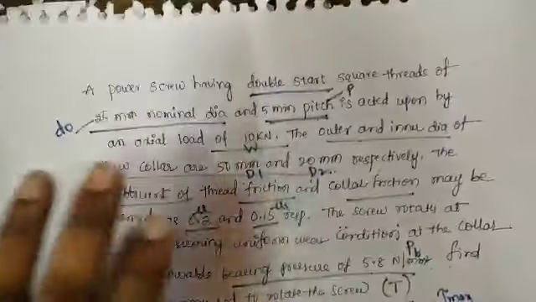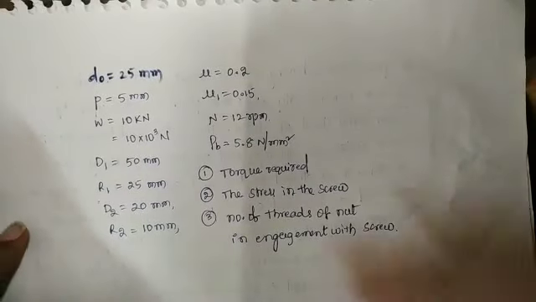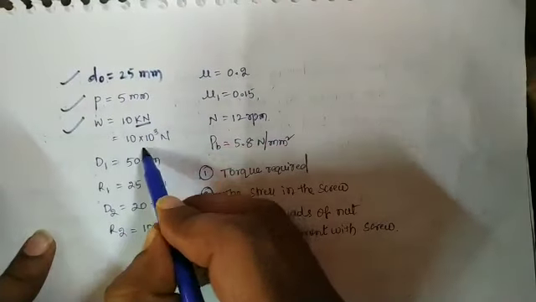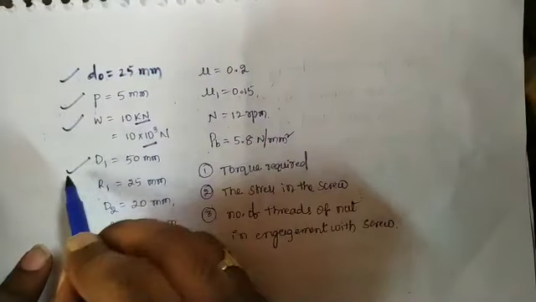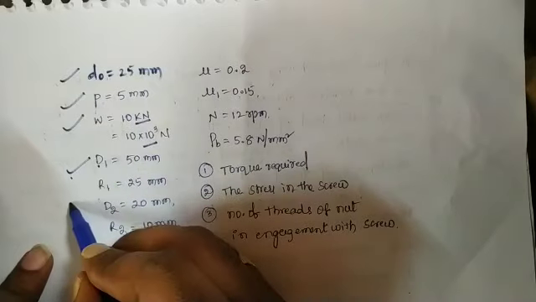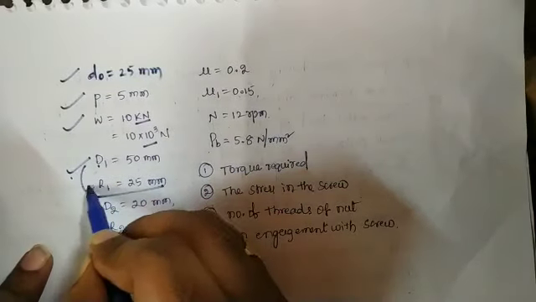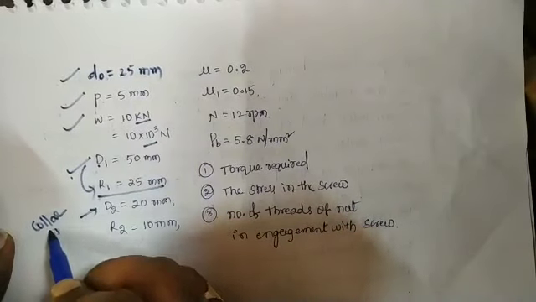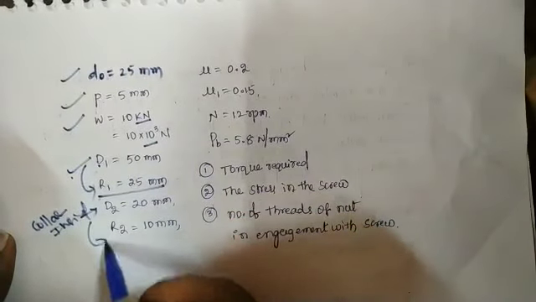Next, this is the given data. Nominal diameter, pitch, load, where kilo means 10 power of 3. D1 is the collar outside diameter, then radius R1. D2 is the collar inside diameter, then R2.